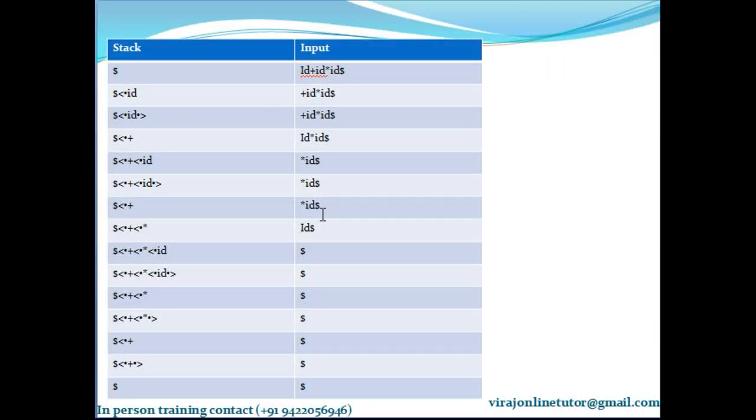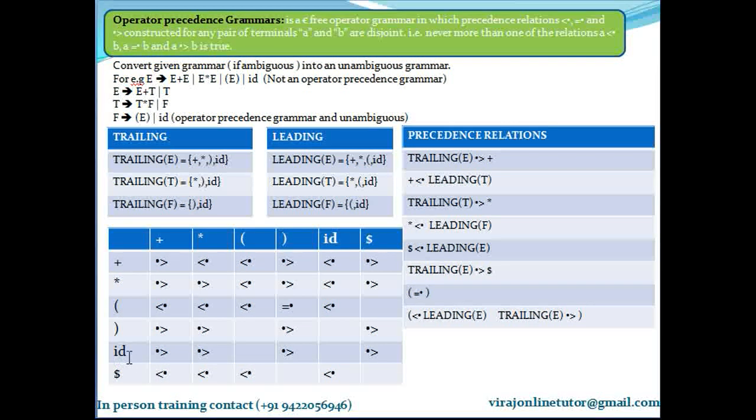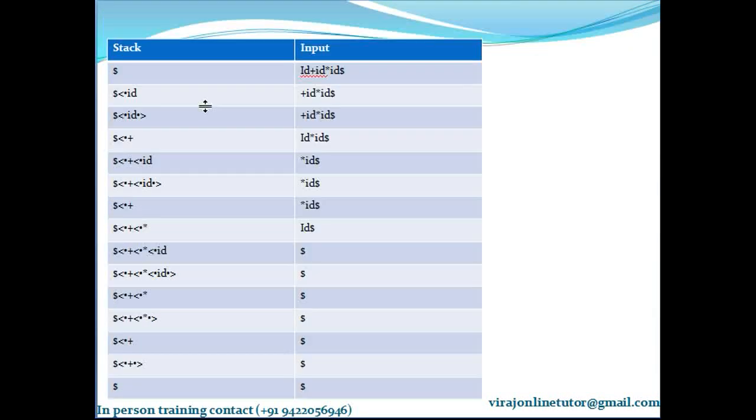What is ID on plus? ID on plus is greater than. So as soon as you find greater than, keep on popping the stack till you encounter the first less than. If you encounter a greater than, keep on popping the stack elements till you encounter the first less than. So this entire stuff goes away.